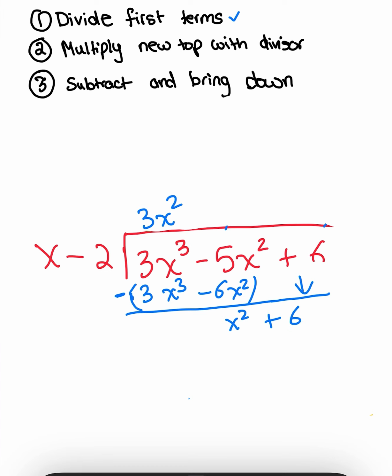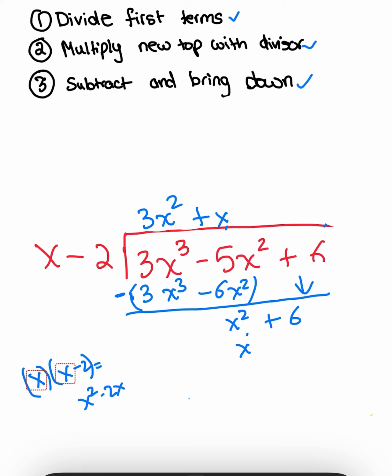Plus 6. And I start over. So I'm going to divide my first terms again. So that's x to the power of 2 and x. So x squared divided by x, that's just x. And I put that x on top. Next step is to multiply the new top with the divisor. So new top was x. The divisor is x minus 2. The answer I get is x squared minus 2x.